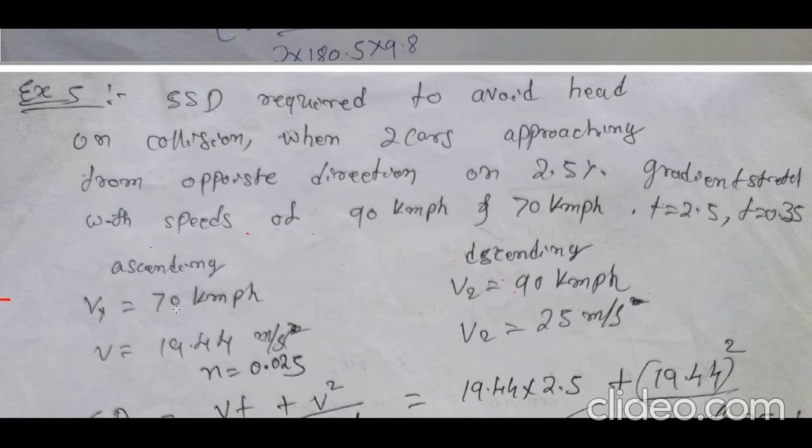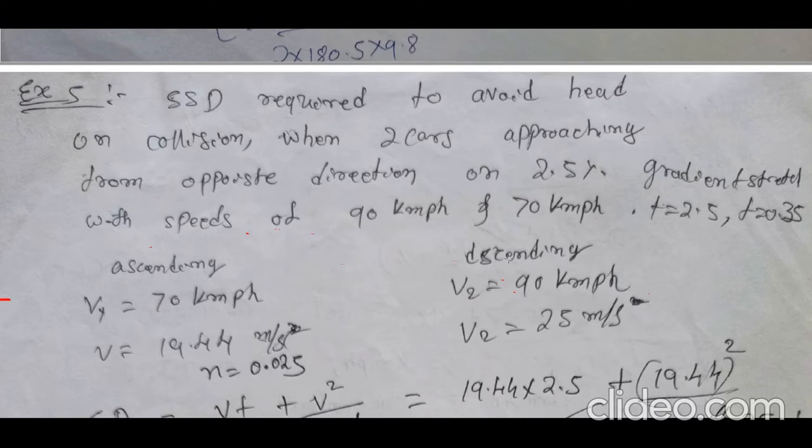Why did I assume ascending for 70 kmph? You require more stopping sight distance for 90 kmph, and you require the most stopping sight distance while you are coming down, whenever you are descending the gradient. That's why V2 we took as 90 kmph, V1 70 kmph. Here in the question he has not given ascending or descending.